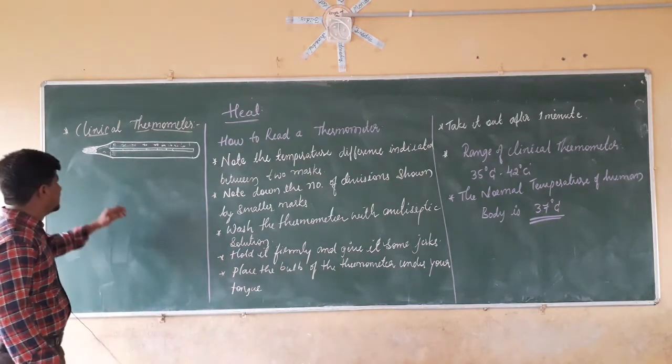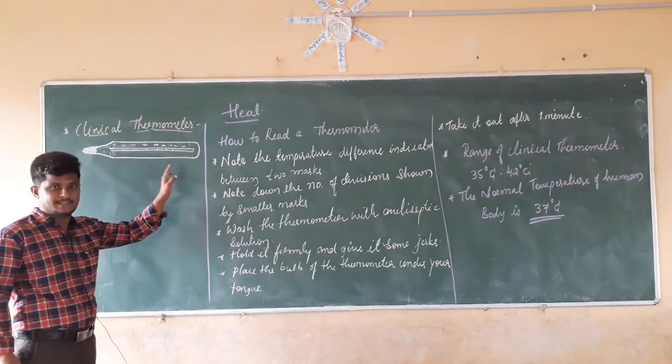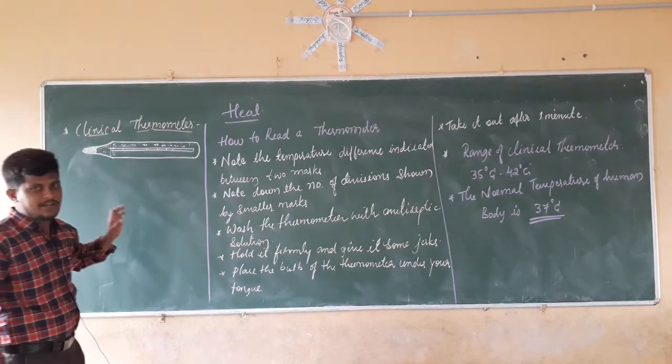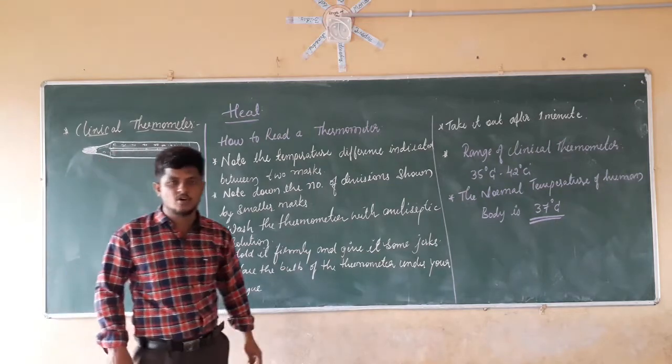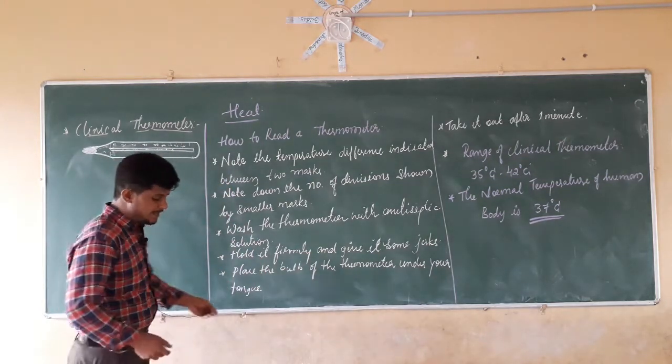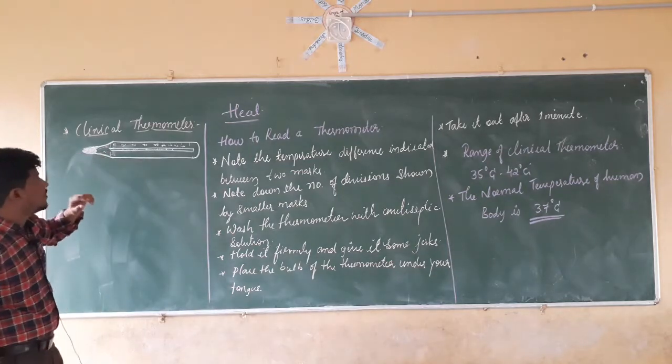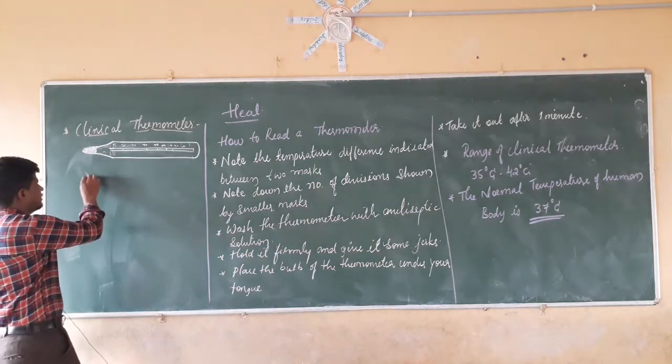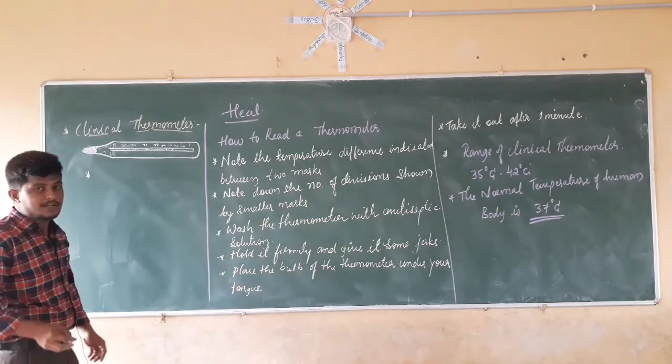It looks like this. The diagram here is not that accurate, you can see the diagram in your textbook. Now what is the use of a clinical thermometer, and what actually is it?